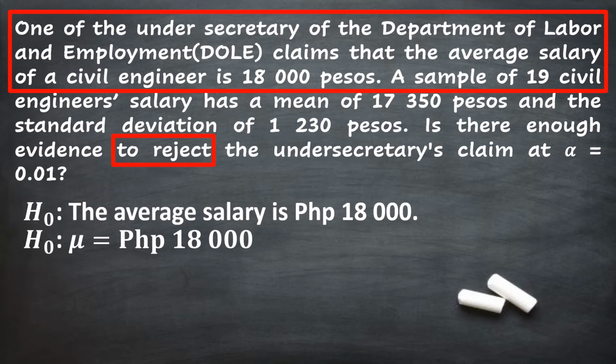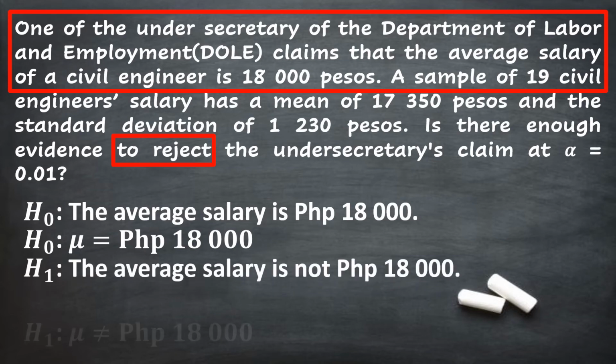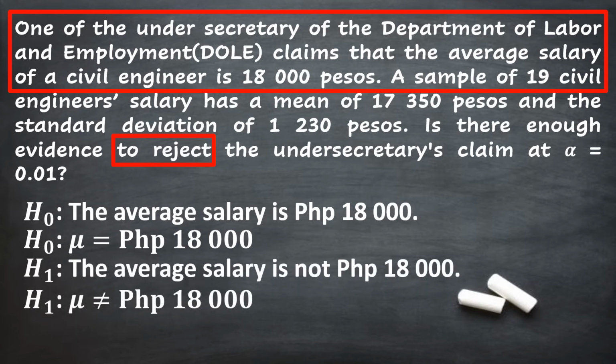So, doing that, the alternative hypothesis can be written as the average salary is not 18,000 pesos, or the average salary of a civil engineer is not 18,000 pesos. For the alternative hypothesis, using the mathematical statement, we will just write the population mean is not equal to 18,000 pesos.